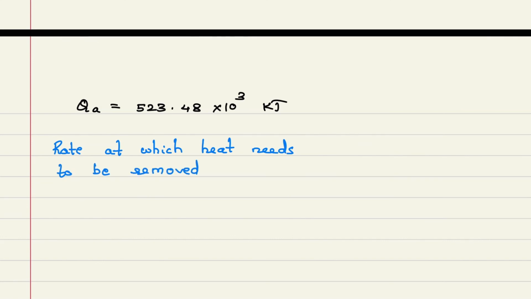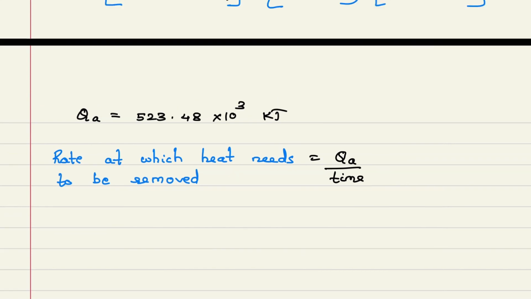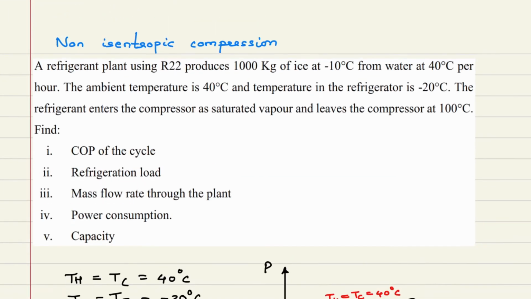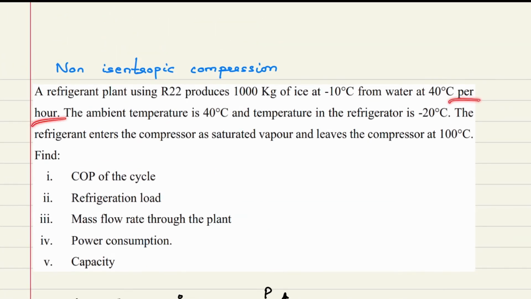Now this value will be equal to whatever QA we have calculated divided by time. Now what is time given for 1000 kg of water at 40 degrees Celsius? We have to convert it to ice at -10. In what time? Per hour.